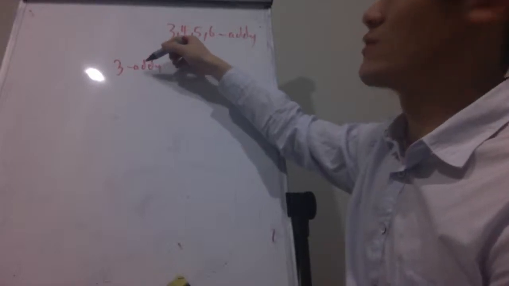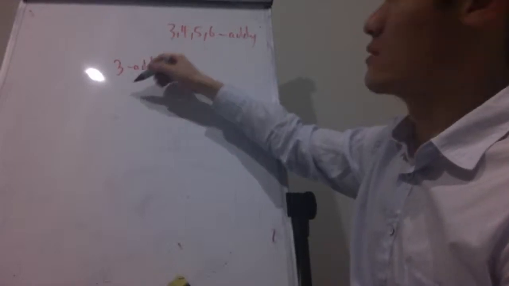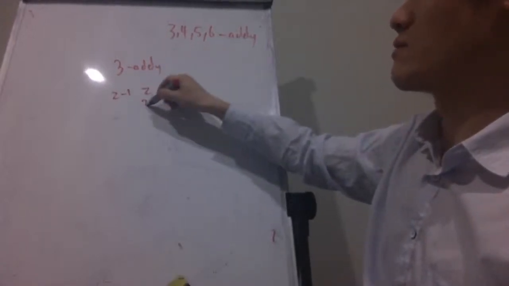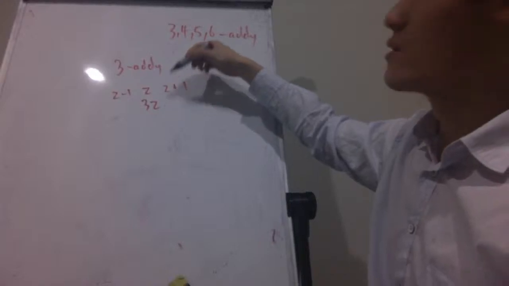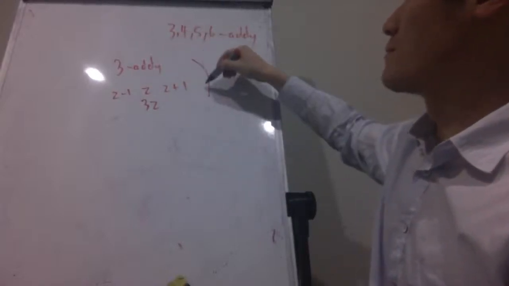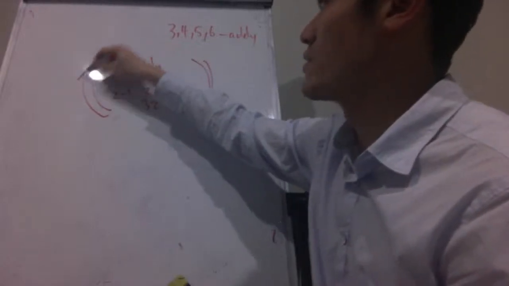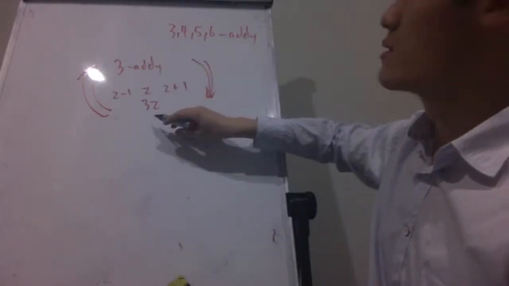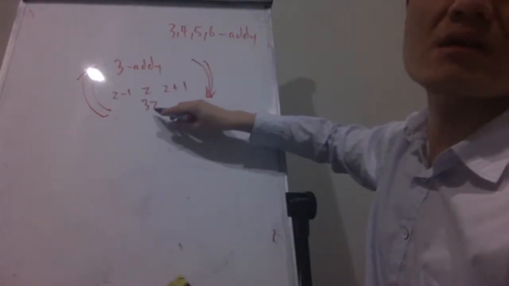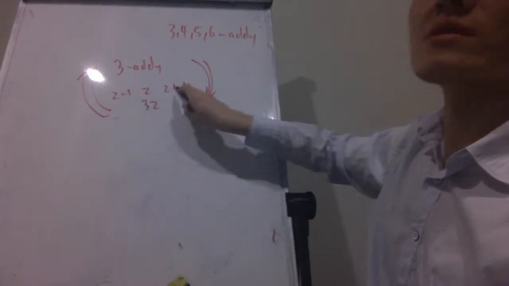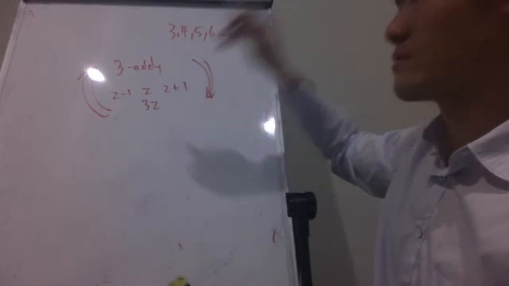Because if it's 3 addy, then it's z minus 1, z, and z plus 1, right? So that's 3z, so it's divisible by 3. Okay. Conversely, if it's divisible by 3, you can write it as 3z, and you can write 3z as z plus z minus 1 plus z plus 1, yeah?